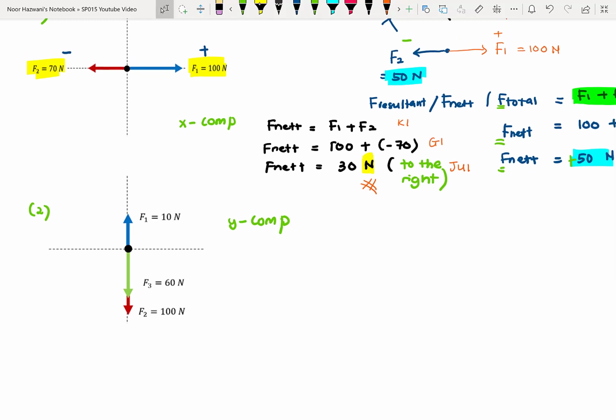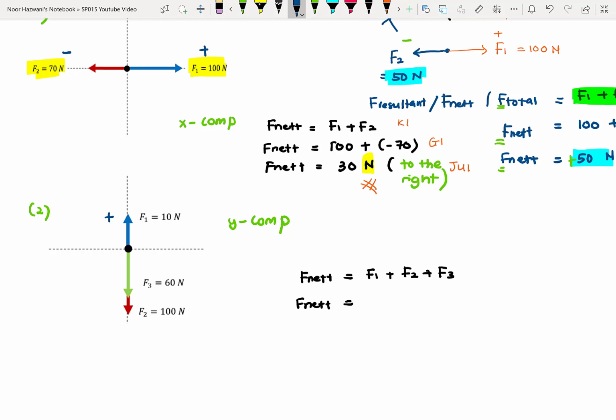This question just involves only Y component. But now, we have three vectors, F1, F2, and F3. Tanpa berfikir panjang, you tulis Fnet. You sum up all the vectors. So, F1 plus F2 plus F3. And then after that, ingat, masa substitution, you have to consider the sign convention.